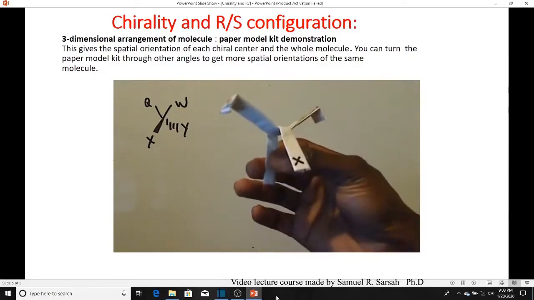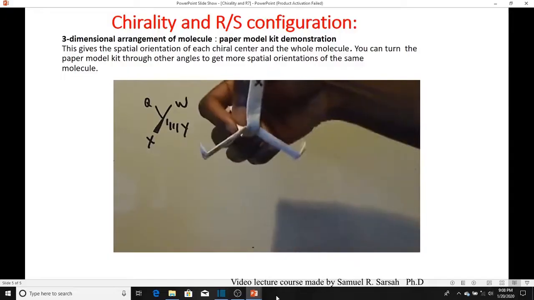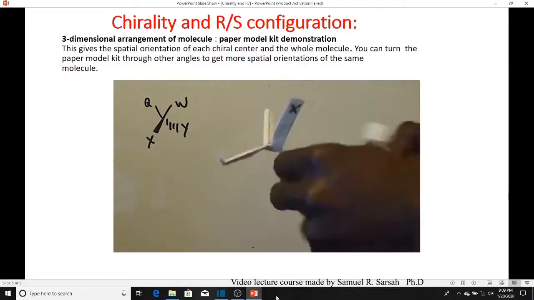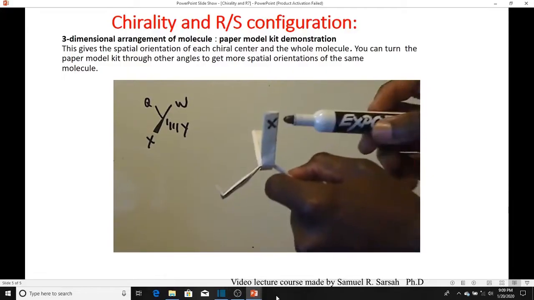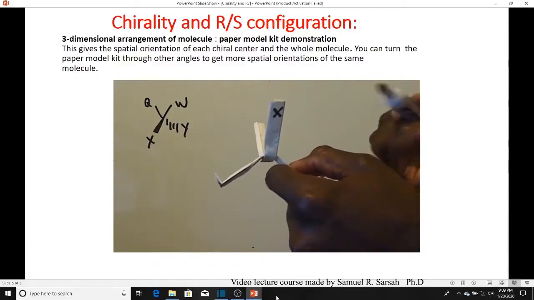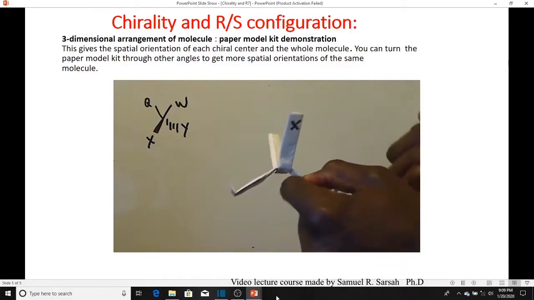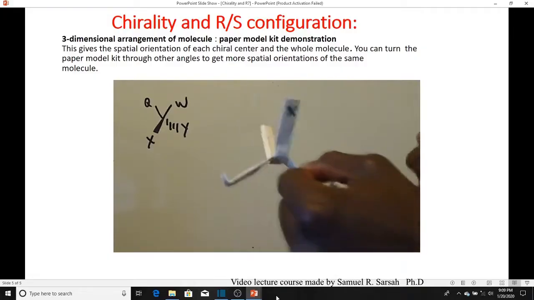Now if I invert this, a vertical inversion of 180 degrees, you see that X is still pointing to me, but it's gone up on the wedge, and then the W and Q are in the plane.